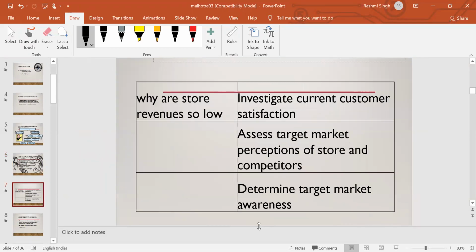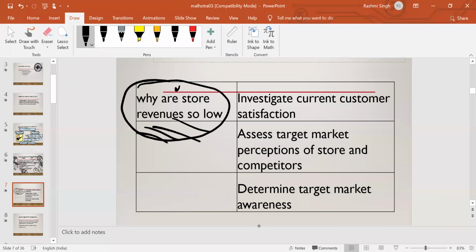Let's take an example of this. Why are the store revenues so low? Here, the researcher is looking at a newly opened store in some particular area, so you will perform some exploratory research on why the revenue is very low. You will investigate the customer, so you will get different perspectives. Firstly, you will investigate customer satisfaction.